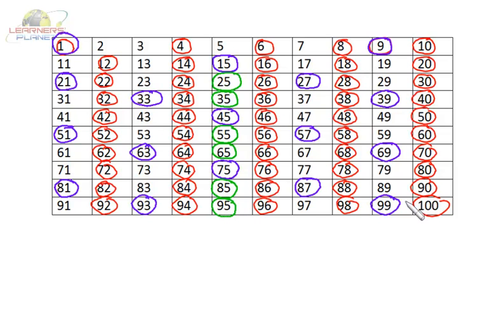Now we have circled all the numbers which are multiples of 2 or 3 or 5.